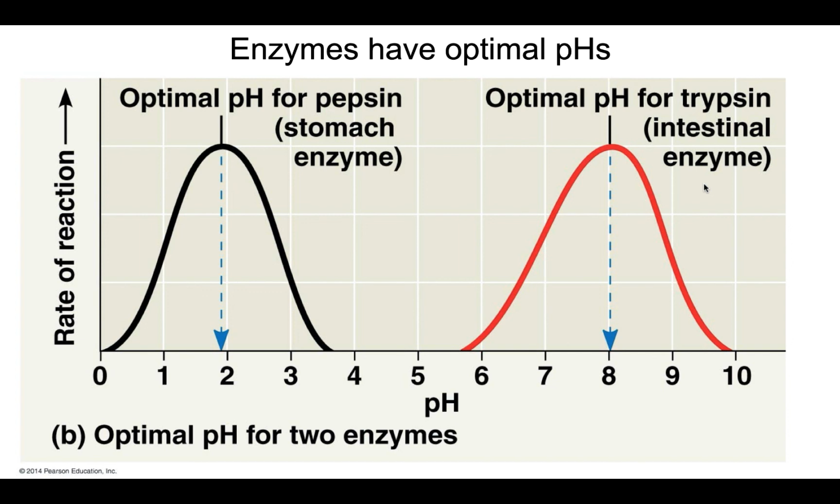If you stray from those temperatures or those pHs, you're going to lose structure and therefore lose activity. Now, I want you to go back and watch that video that demonstrates how pH can mess up the structure of proteins, because that is exactly what's going on when you change the pH of the solution in which an enzyme is acting, and that's how you mess up the function of that enzyme.